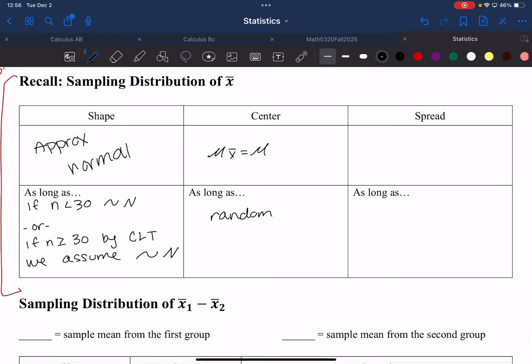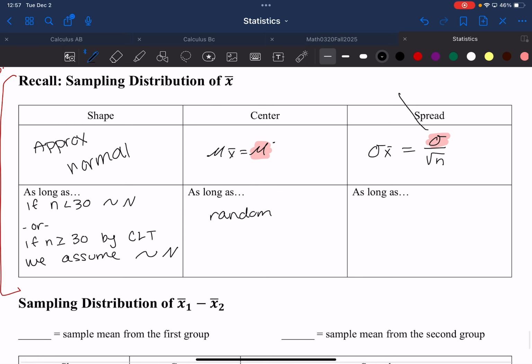Okay, and then last we have spread. This is where the standard deviation formula changed. It was sigma of x bar is equal to sigma divided by the square root of n. Notice we have two different types of sigma, two different types of mu. This mu and this sigma are going to be given to us in the problem.